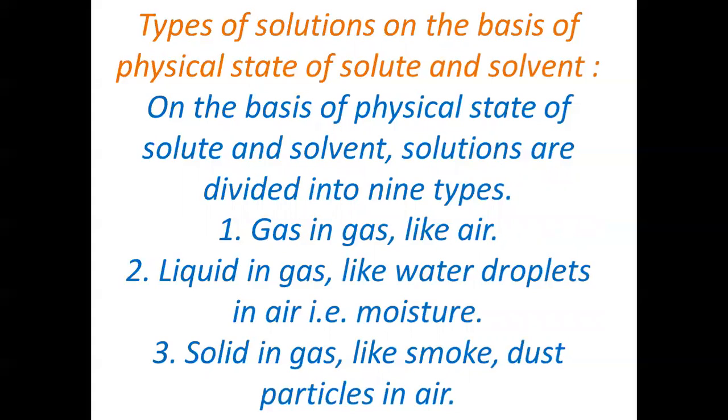One of the 9 is gas in gas, meaning the solute is gas and the solvent is also gas, like air. Air is a mixture of many gases like nitrogen, oxygen, carbon dioxide, etc.